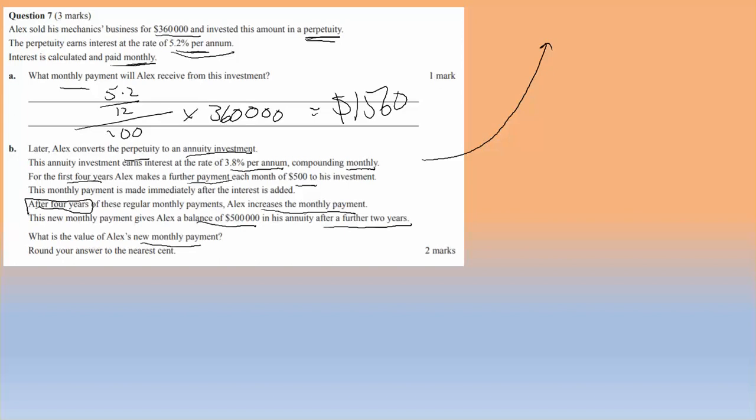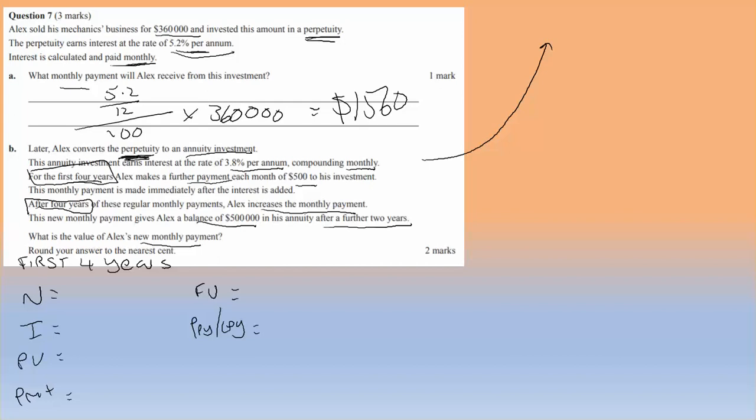So similar to the previous questions at the end, there are 2 parts and we have to work them out separately. So let's have a look at the first 4 years. He's converted his perpetuity to annuity. Remember, perpetuity, the amount always stays the same.